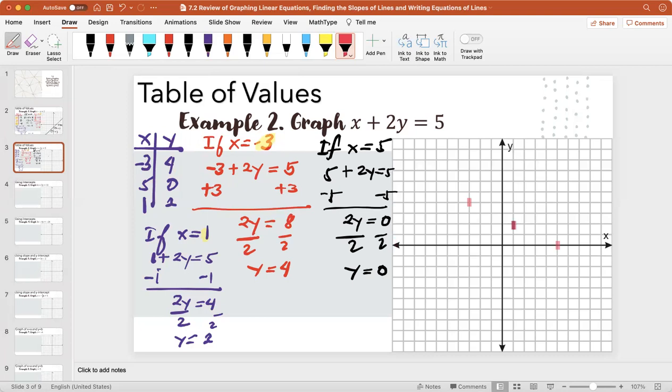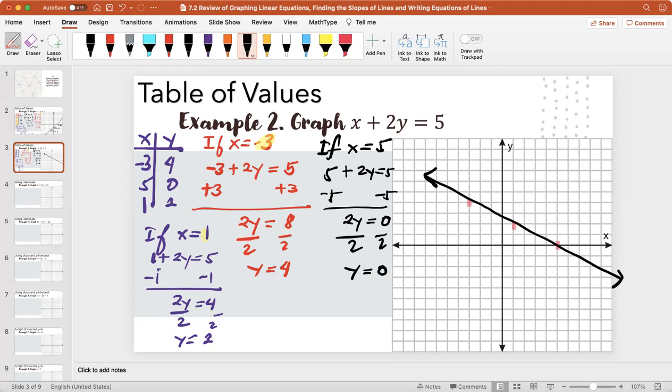1, 2. This should form a straight line. By looking at it, do you think you will form a straight line here? Yes, I believe so 100%. If your line is not straight, then you're doing it wrong.